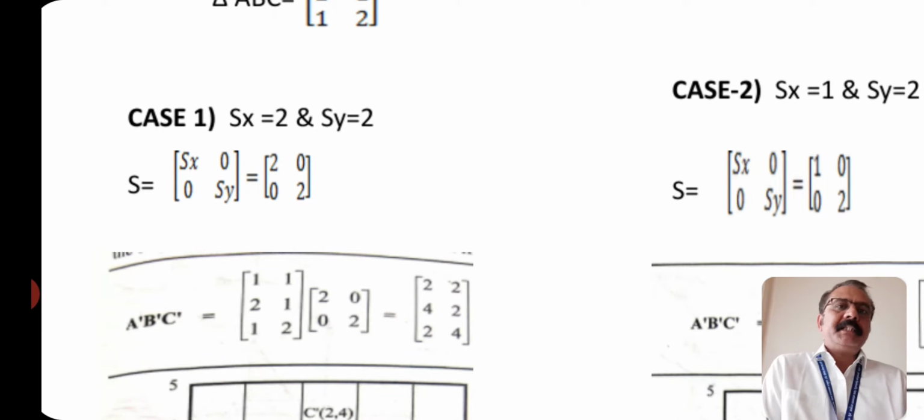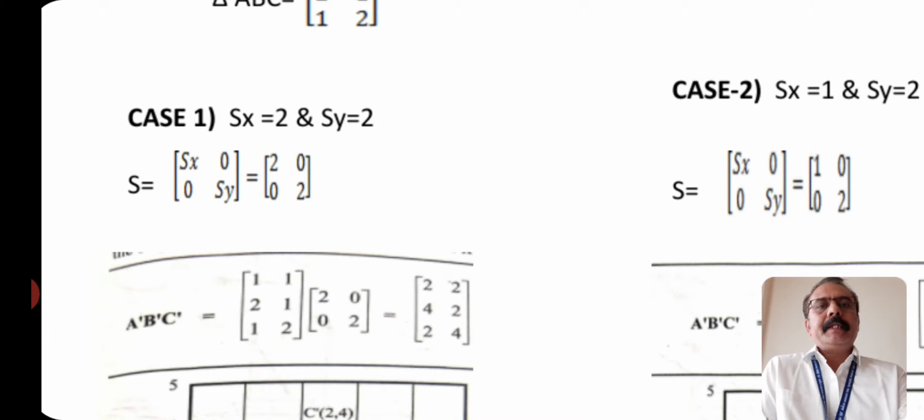Now the second step is to prepare the scaling matrix, denoted by capital S. Therefore, S is equal to the matrix [Sx 0; 0 Sy]. As Sx and Sy are equal to 2, the matrix becomes [2 0; 0 2]. Now apply the formula.